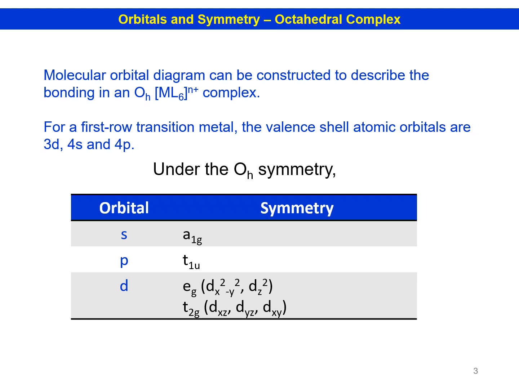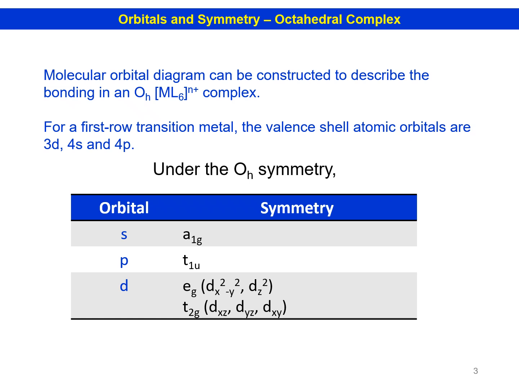So before we go deep into the molecular orbital diagram, we will get to know the symmetry of every orbital. For first row transition metals, the valence shell atomic orbitals are 3d, 4s, and 4p. And if the octahedral complex is considered, it will have octahedral symmetry.